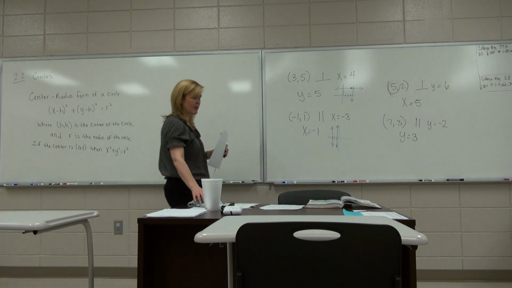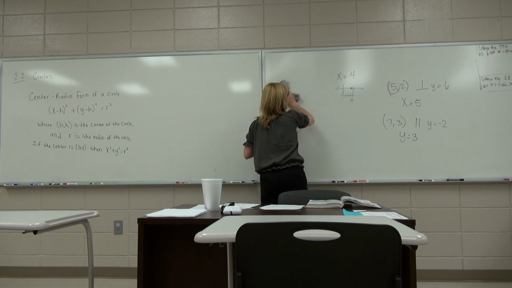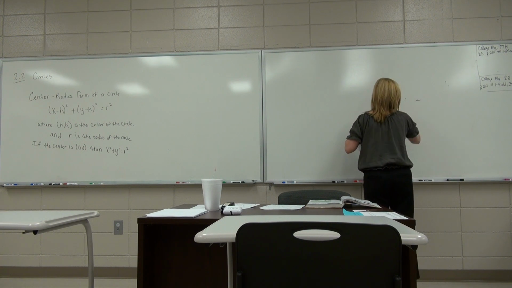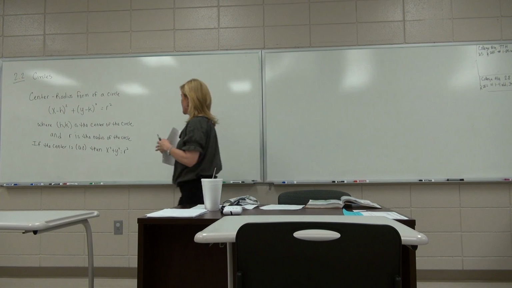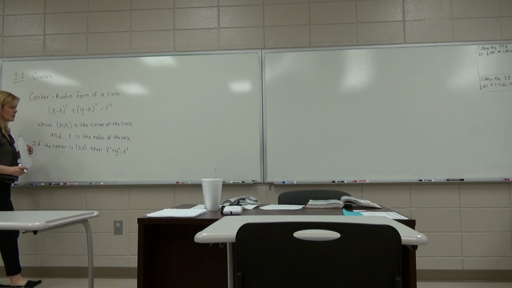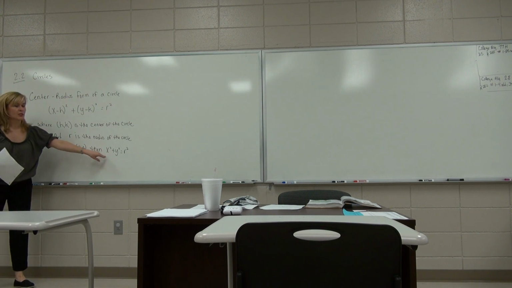First, I'm going to talk about what center and radius of a circle mean. If the center is 0, 0, then your h and your k would be 0, so you just have x squared plus y squared.